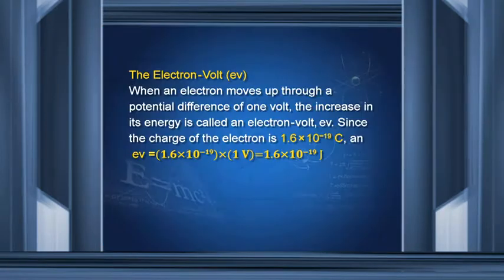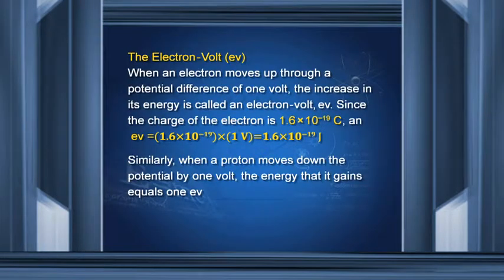The work done is the energy, and that is called electron volt. So, electron volt is Q times the potential difference, which is 1 volt. If you multiply these two, you get this. So, 1 eV, 1 electron volt, is 1.6 times 10 to the power minus 19 joules.